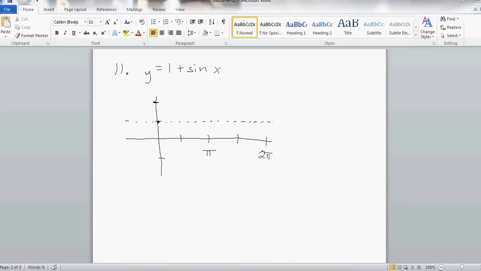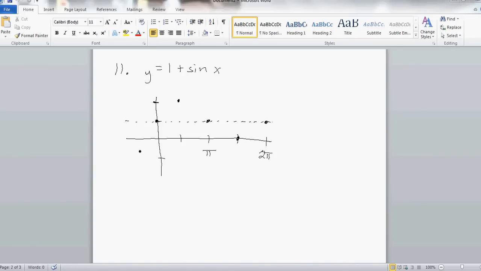So I'm going to start at the 0 value, and then it goes up and down, just following the exact same rules. So here at the first place, we're going to go to the upper extreme, back to 0, to the negative extreme, which is now the actual x-axis, and then back up to 0.